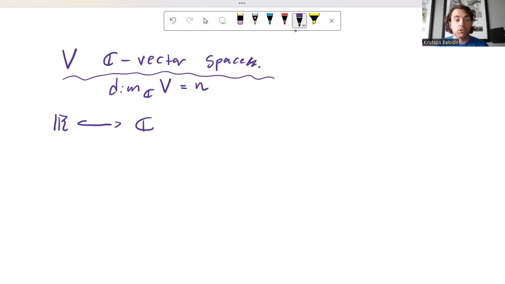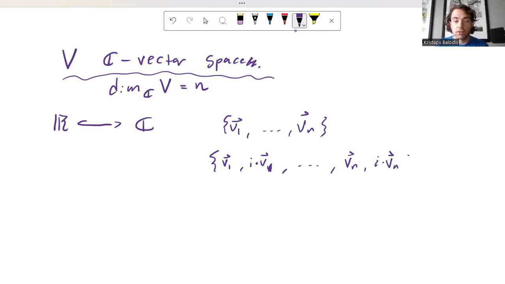And it turns out, if we have a basis for the complex vector space, then you can show that simply taking each of these vectors and then that vector times i, that should be v1, v1 times i, dot dot dot, all the way up to vn, vn times i, where that's the scalar product, this will form a basis for the underlying real vector space.